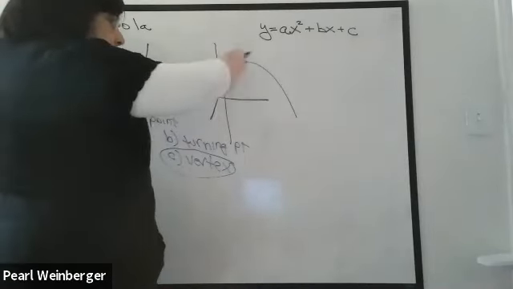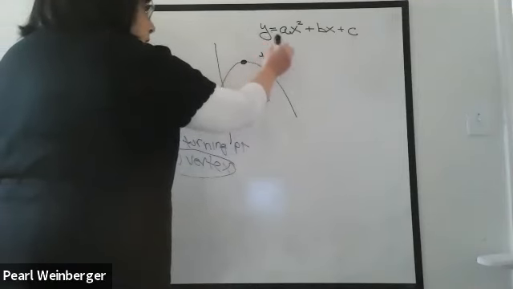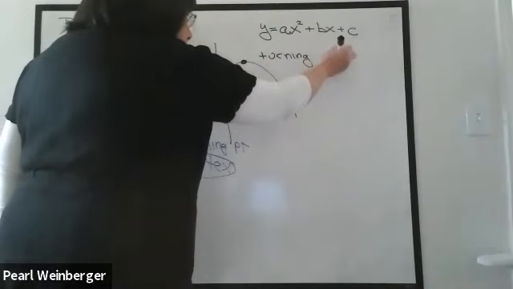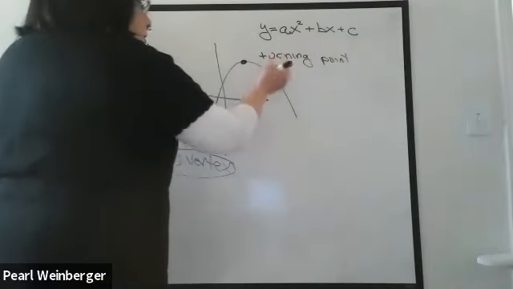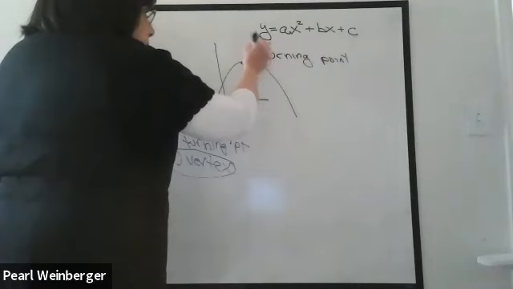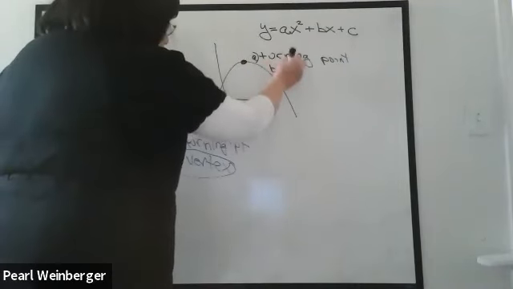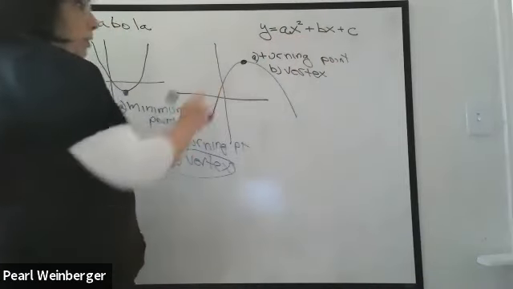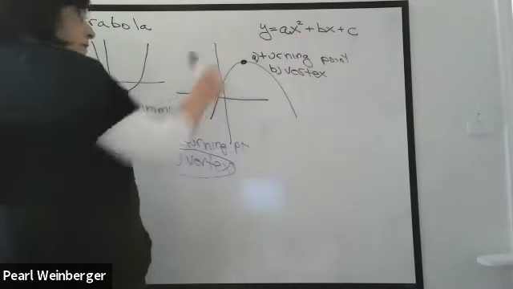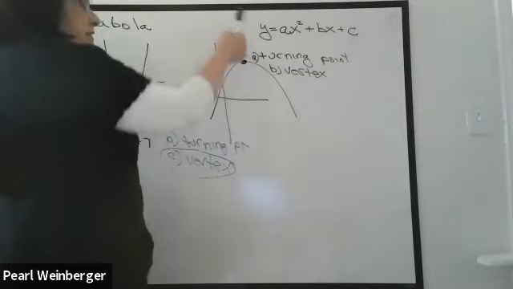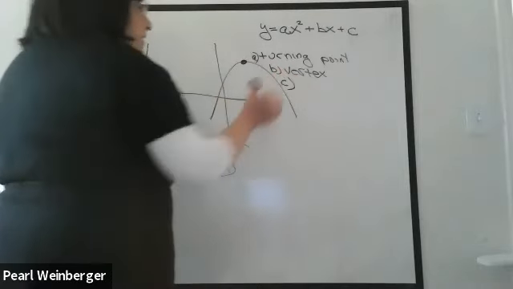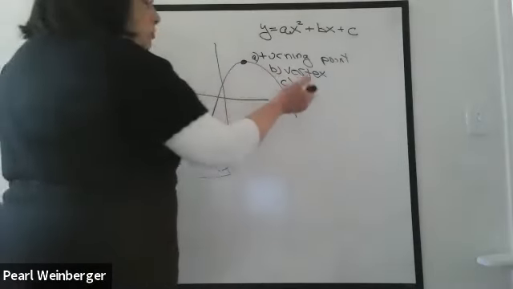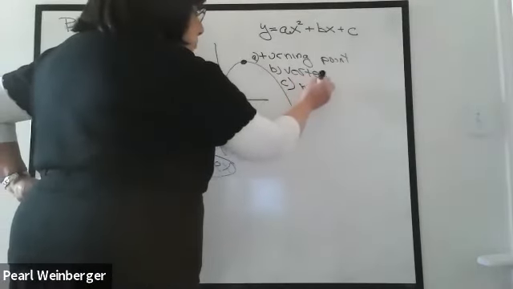So this is also my turning point, or my vertex. Now this is not a minimum point because it's not a low point on the graph, it's a high point. For an upside down parabola, the one that opens down, the vertex or turning point happens to be the maximum point.